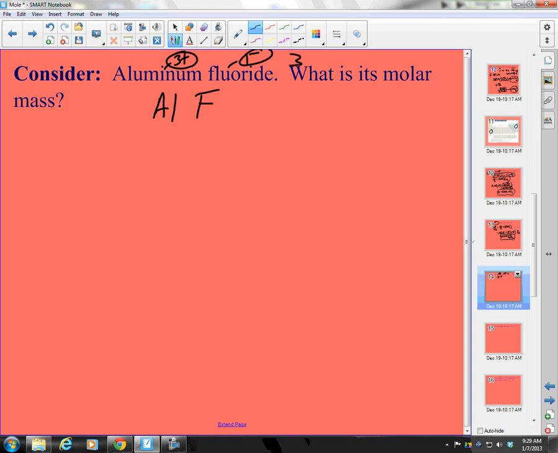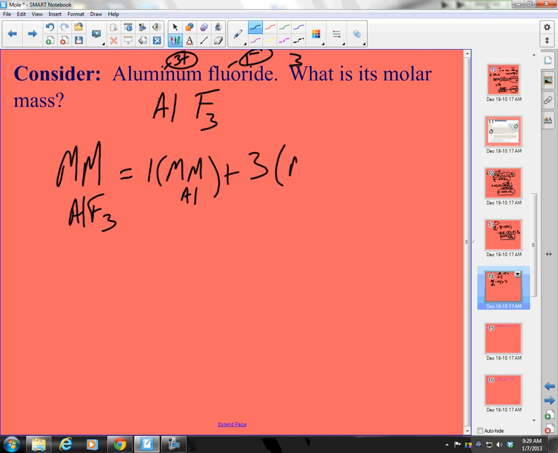How many aluminums do I need? I need 1. How many fluorides? 3. So AlF3. So the molar mass of AlF3 is equal to 1 times the molar mass of aluminum plus 3 times the molar mass of fluorine.